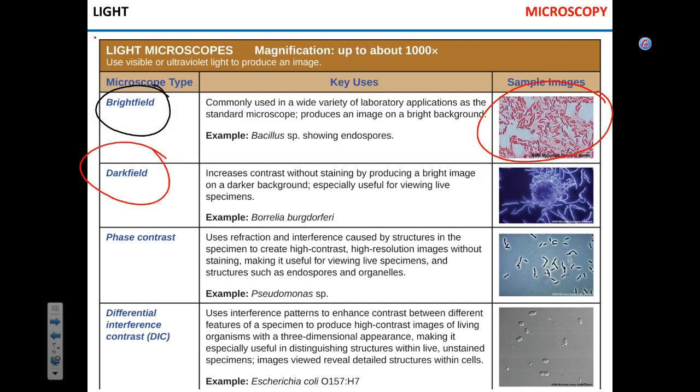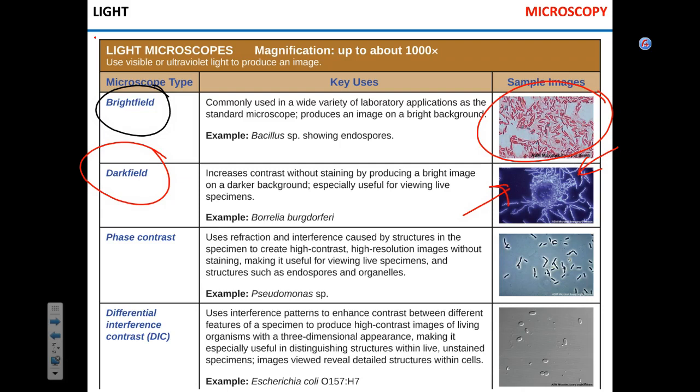Dark field. There's some optical trickery that creates a dark background, but cells are actually lit somehow. I don't really know. It's physics, so it's not my piece of cake, so I don't know how to do it.